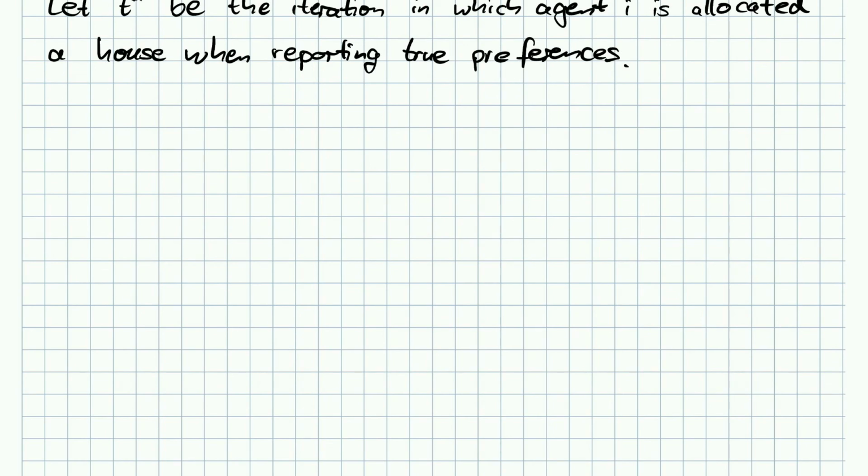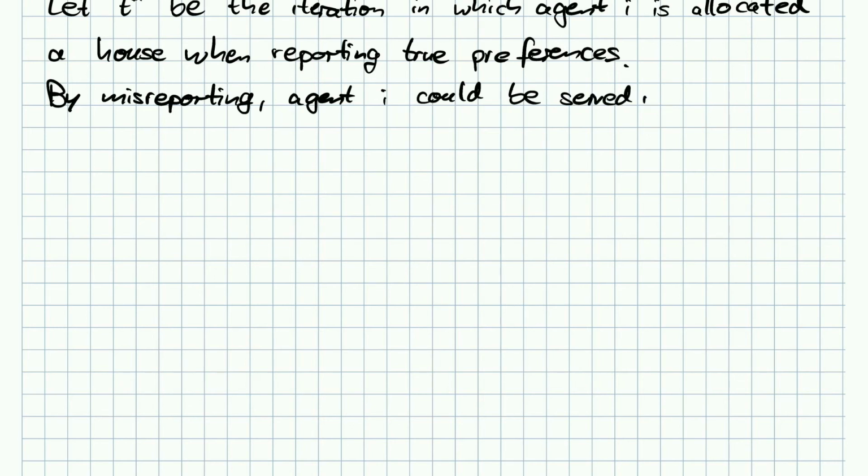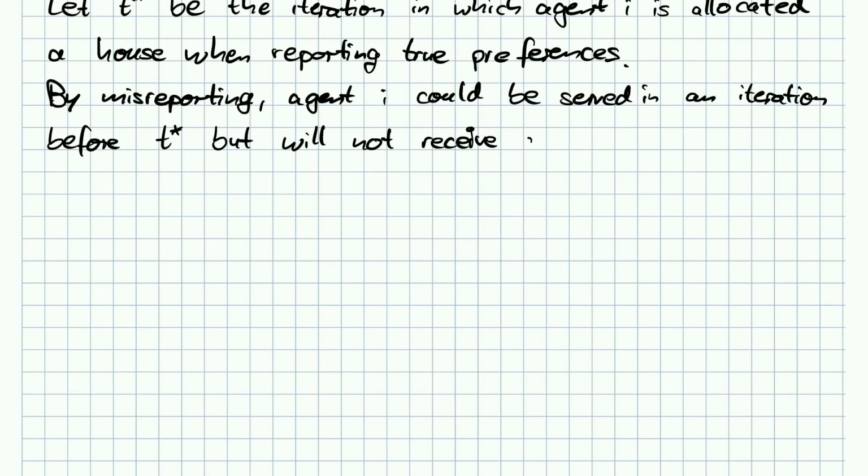So, by misreporting, Agent I could be served in an iteration before T star, but will not receive a house from this union of all houses that were allocated before T star.